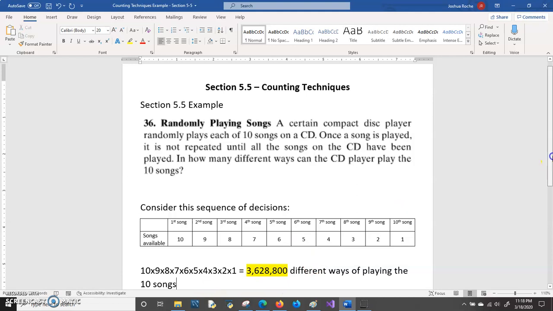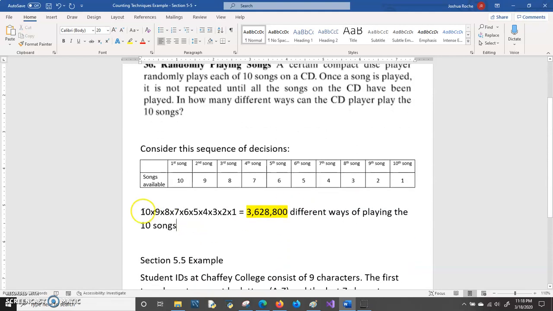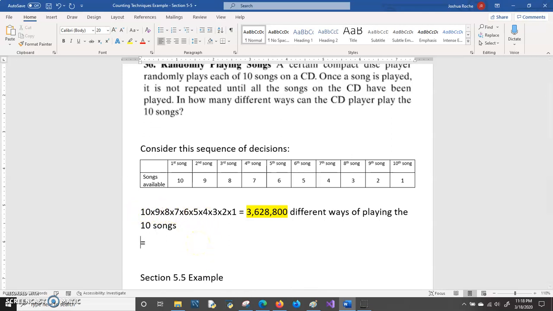Just as a side note, this in particular, 10 times 9 times 8 times 7 and so on, can be written as 10 exclamation point, which is called 10 factorial.